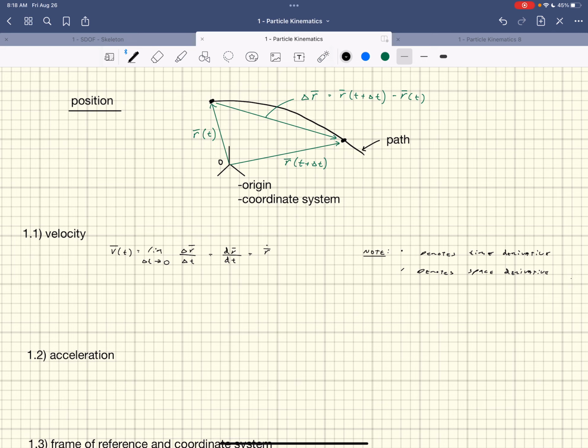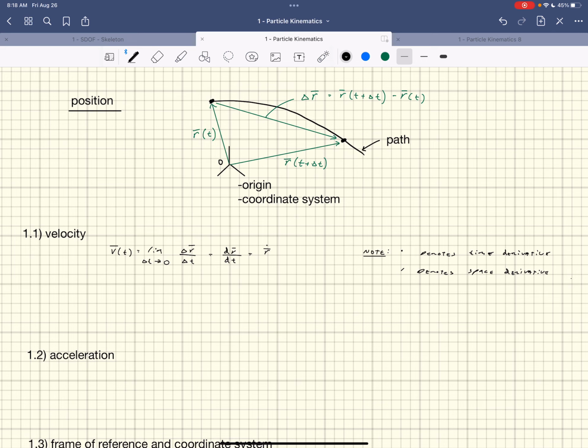In shorthand, that's v dot, or it could also be the position double dot. The second derivative of the position is the acceleration, and the derivative of the velocity is the acceleration. Okay, so again, that's review for you. You've seen all that stuff before. That's high school physics even.